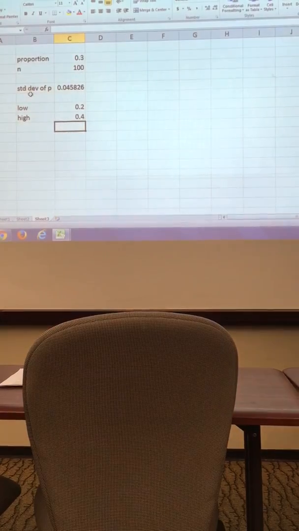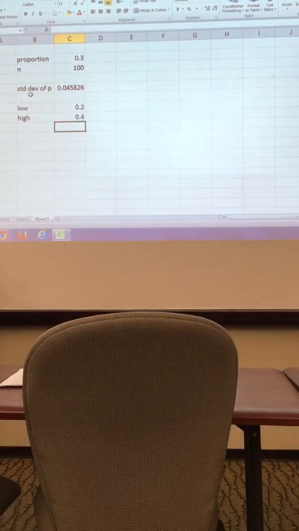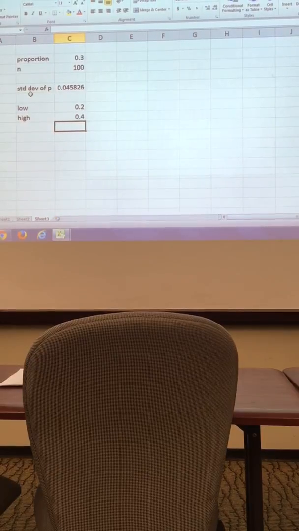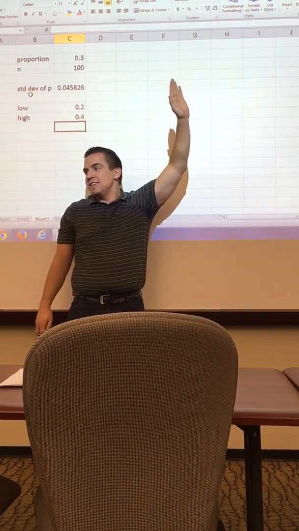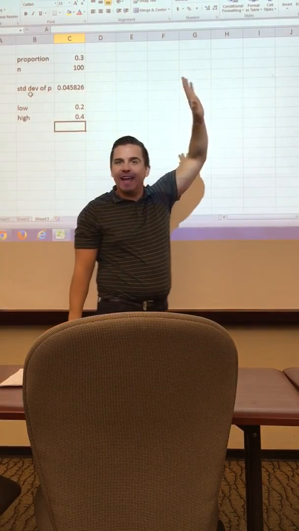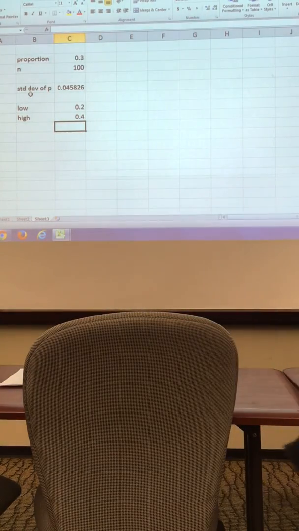But when we drew out our distribution, 2 standard deviations above or below contains about 95, 96% of all possible outcomes, and we came up with 0.21 and 0.39. So the probability we fall between 0.2 and 0.4 is going to be close to 99, 98, 97. It's going to be really high up there.